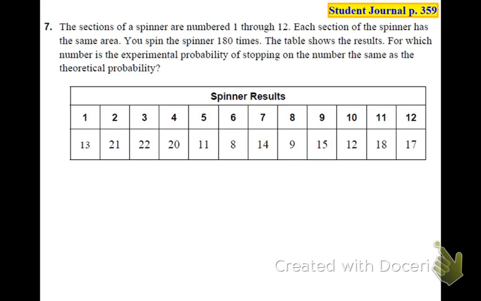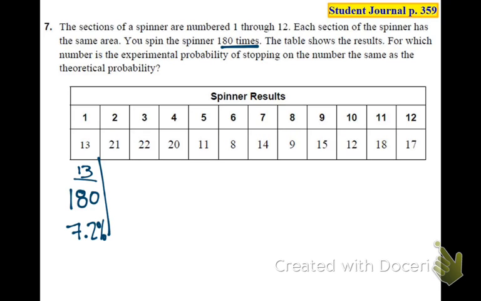We're going to take the chart and see which one will match. So here's what we do. We take each of these numbers. How many times did they spin the number 1? 13. 13 out of how many total spins? 180. So 13 out of 180, which is, you'll have to type that in. 7.2%.